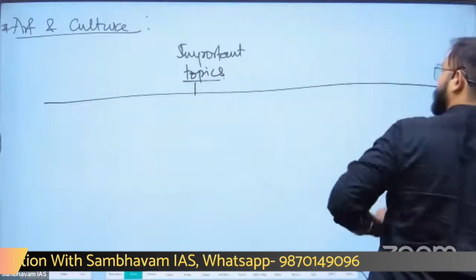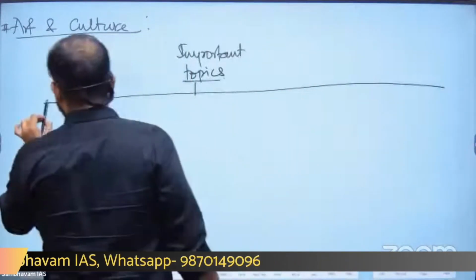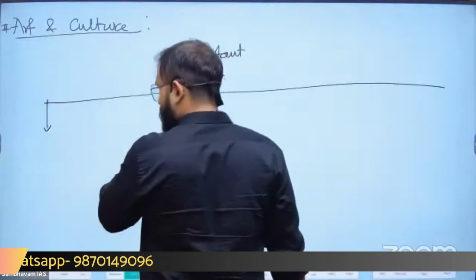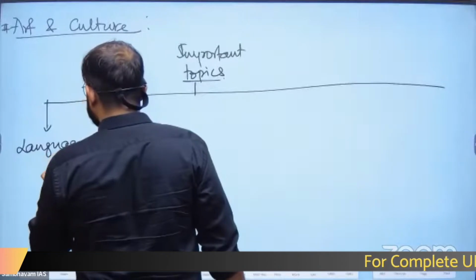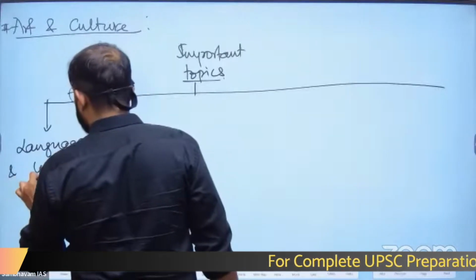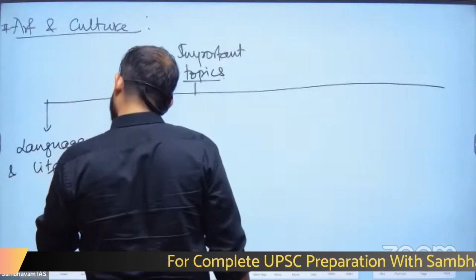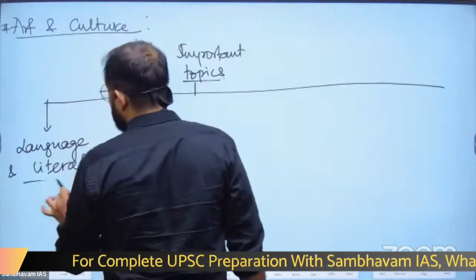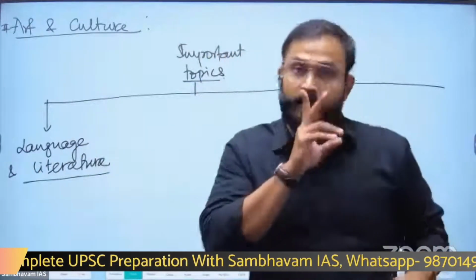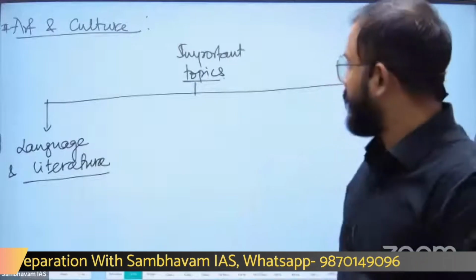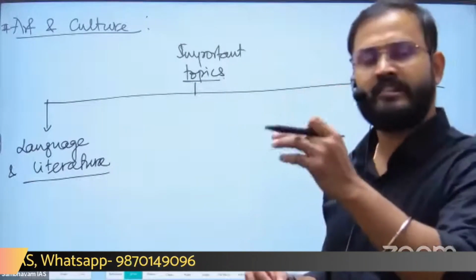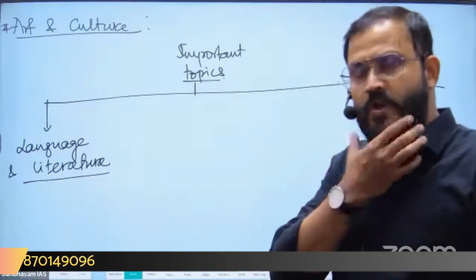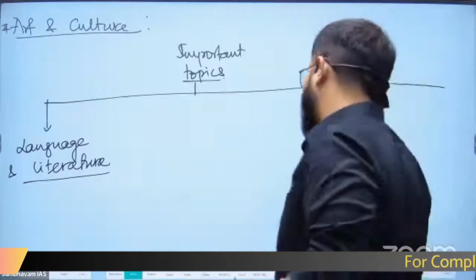In your syllabus, this chart will help you understand it. We'll learn about language and literature. These are the categorizations. I will simultaneously, alongside your political history, try to cover it.